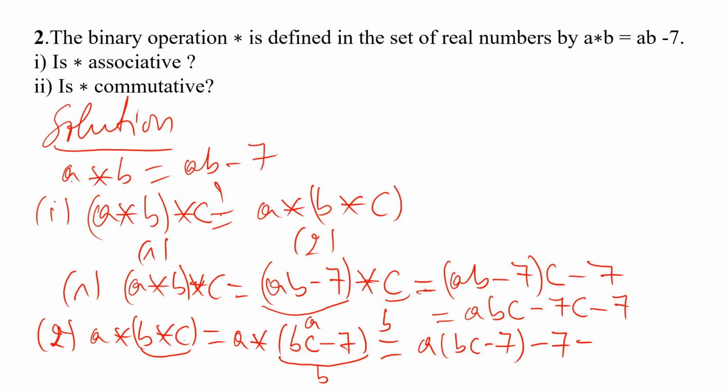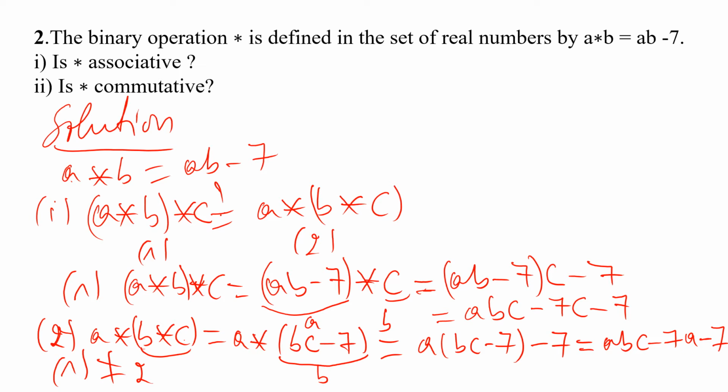Equals abc minus 7a minus 7. As you see, one is different from 2, just one is different from 2.